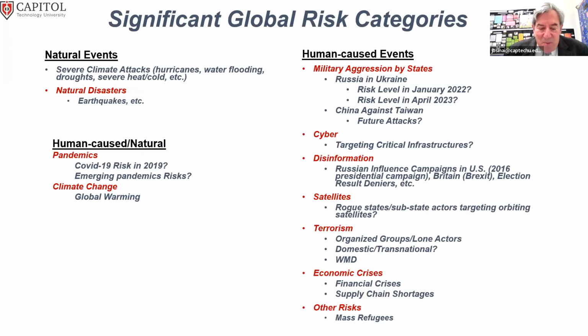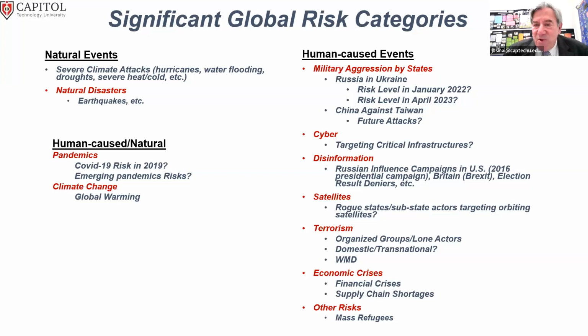These are some of the significant risk categories challenging the international community. They range from natural caused events such as severe climate attacks, natural disasters such as earthquakes. There are human caused and also natural caused risks such as pandemics, which we have just experienced.